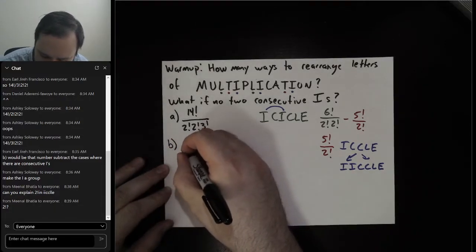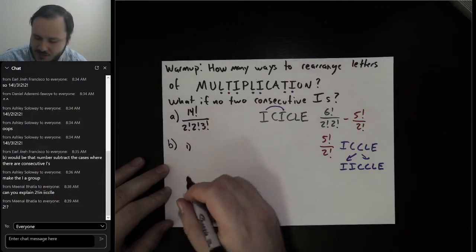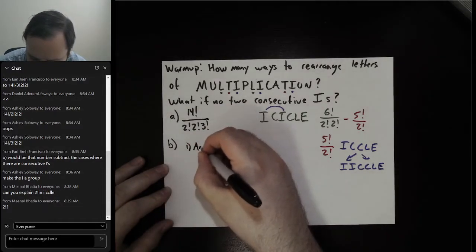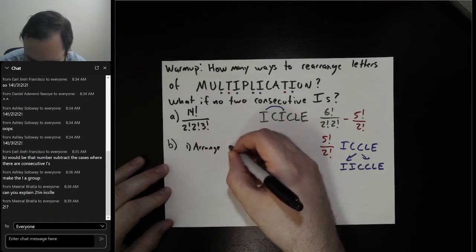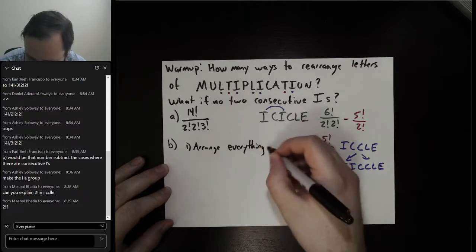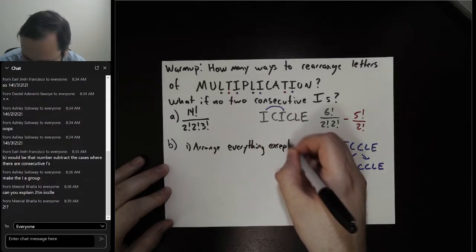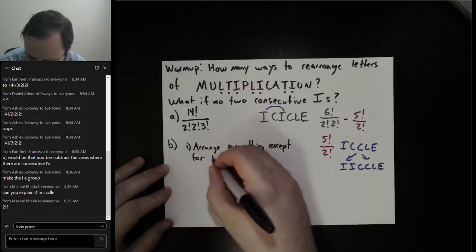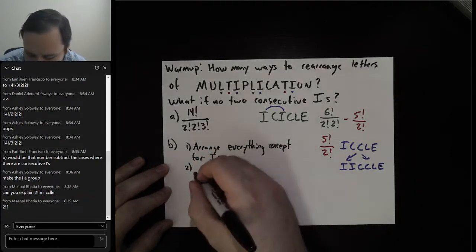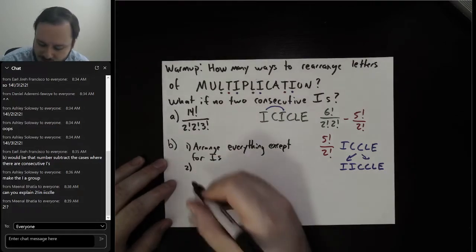Step 1 is going to be to arrange everything except for the I's. And then in step 2, we'll place the I's so that they're not next to each other.